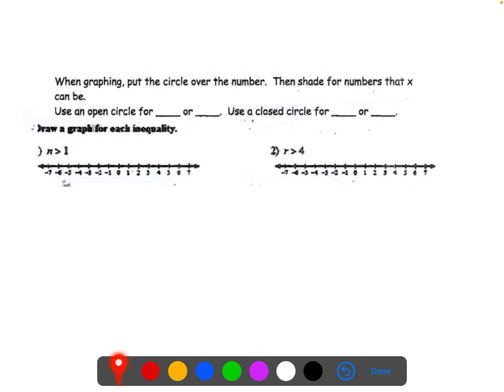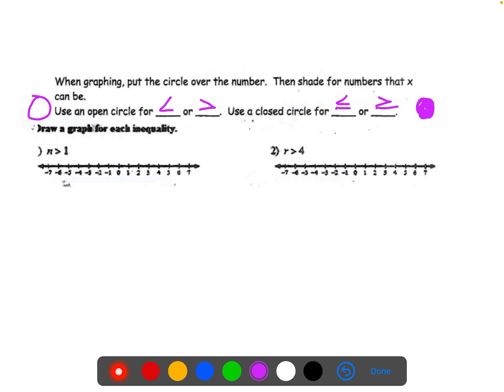So again, it's reminding you to use an open circle, and an open circle is that empty circle. Use an open circle for less than or greater than, and we use a closed circle, which is a shaded in circle, when we're talking about less than or equal to, or greater than or equal to. So either of those would work.